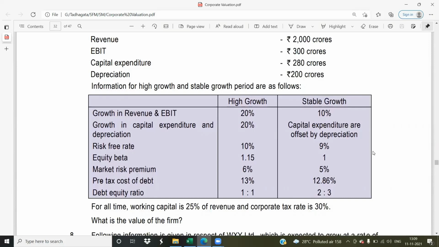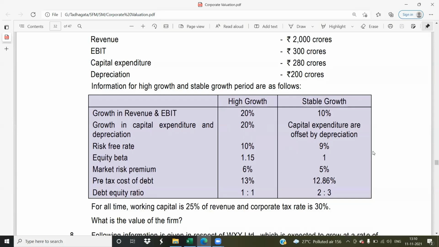Then you get future cash flows. Then using the discount rate, you find the discounted cash flow, and the summation of all those cash flows gives us the value of the firm. But here we need to keep in mind that the weighted average cost of capital for high growth and stable growth might be different.